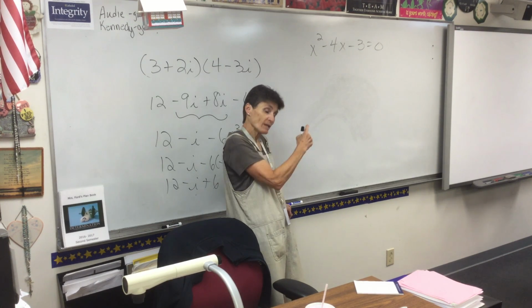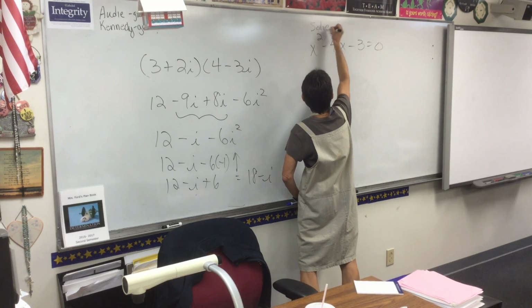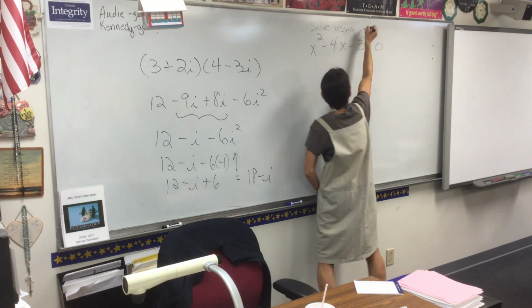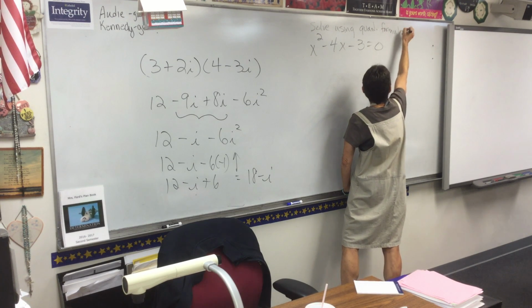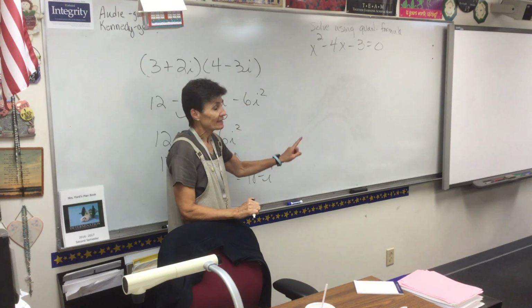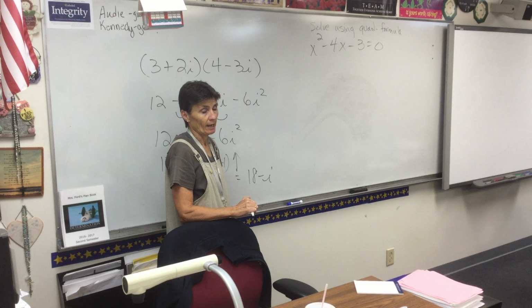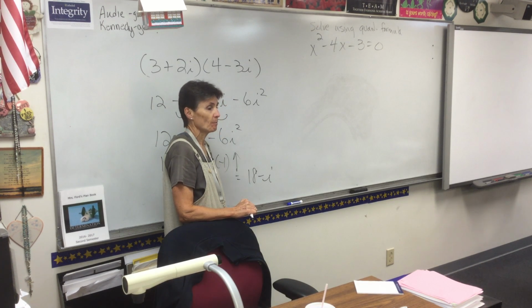A question like this says, solve using the quadratic formula. Now, we're grown up. I'm not giving you the quadratic formula. You are not going to cheat. You're not going to write it on the palm of your hand.